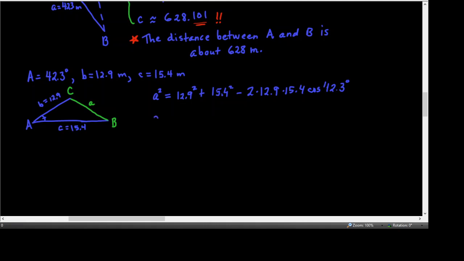Okay, so a will be the square root of that mess. And again, I'm not even going to try to do any of this arithmetic in my head. I think I'll just type it as I see it.